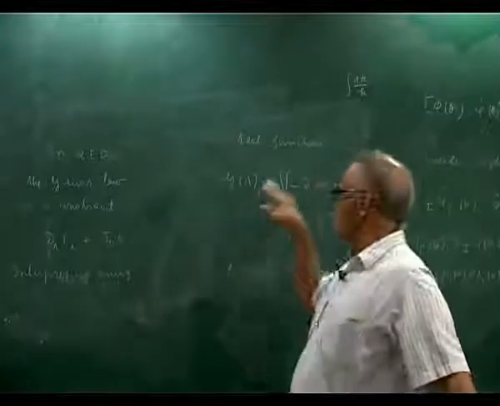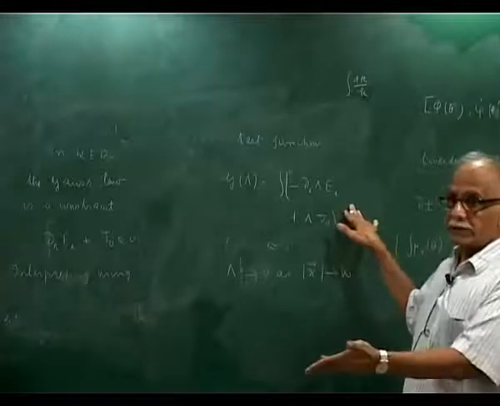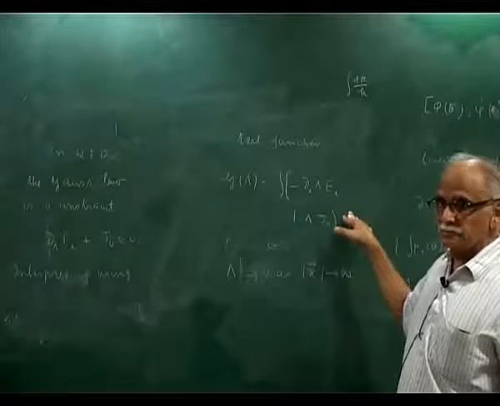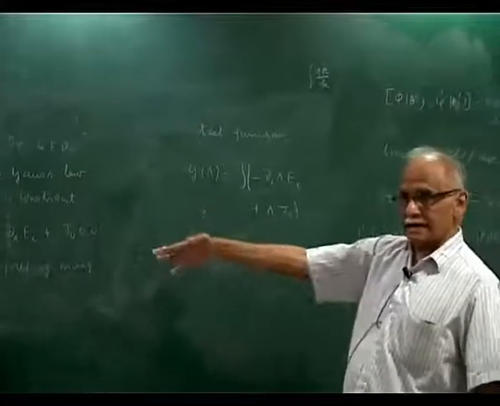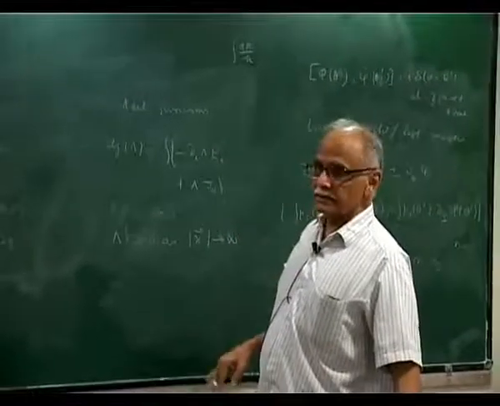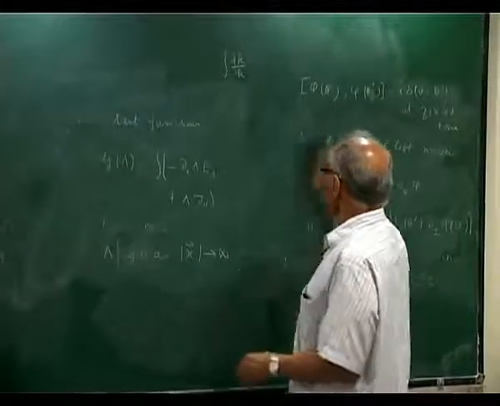Here I am just using the fact that these are operators, so I better write that in this way. But once I write this, I want to also recover the classical equations, so I require that this lambda goes to 0 at infinity. So this is the form of the Gauss law.